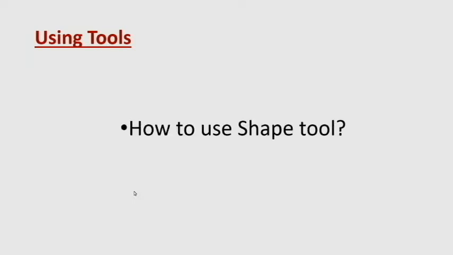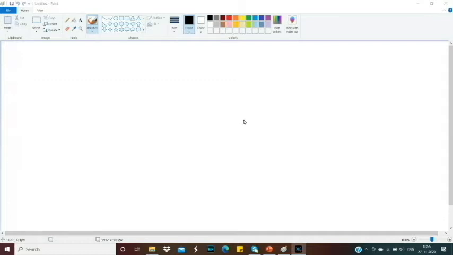Next we have to learn about some tools in Paint. How to use shape tool. First, do you know this shape tool? Yes, the tools used to draw shapes are called shape tool. Listen children, this is the first window of Paint when we open Paint software.